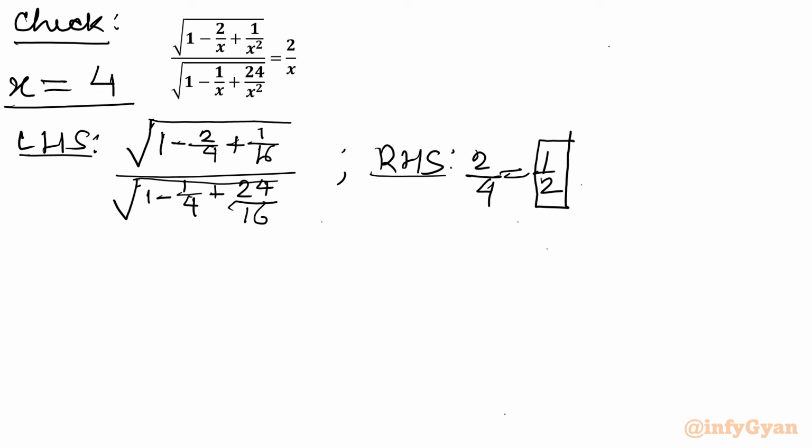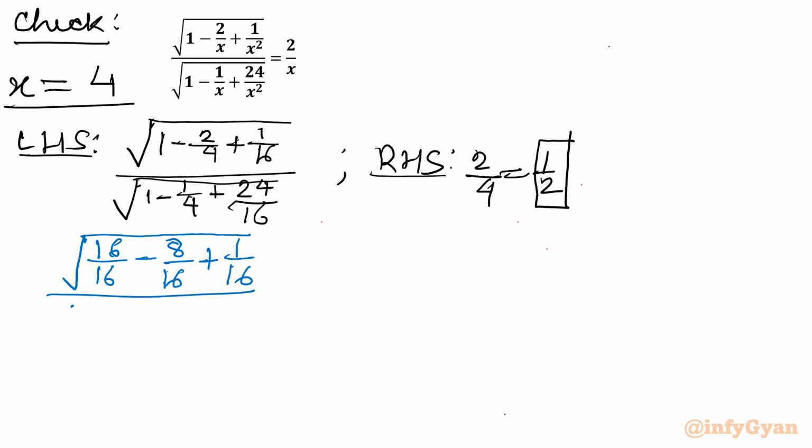Let's simplify numerator and denominator. So I will make our denominator common. So I will be writing here 16 by 16, here 8 by 16, here 1 by 16. This is the numerator, common denominator 16 inside the square root.